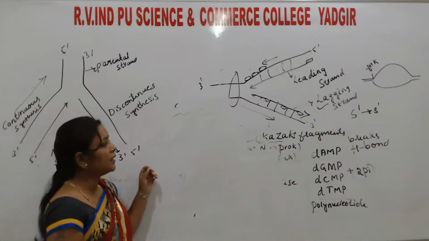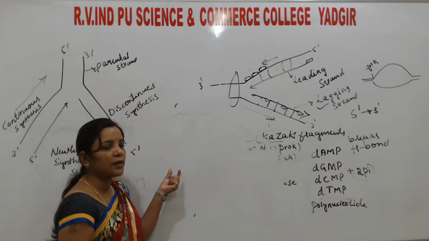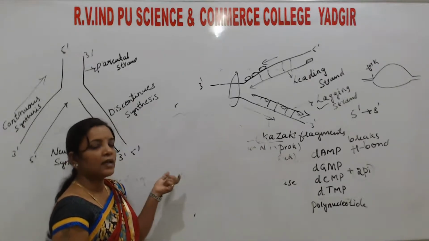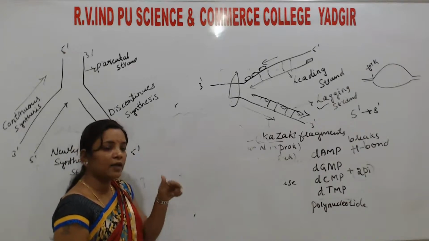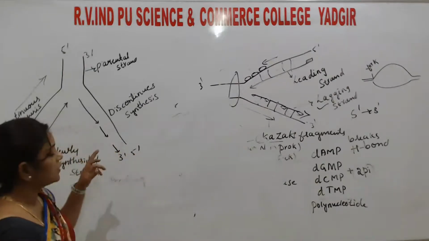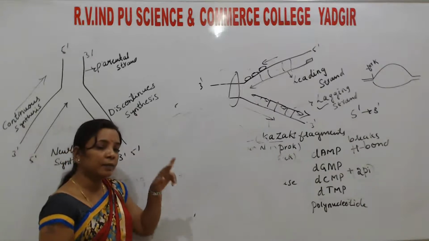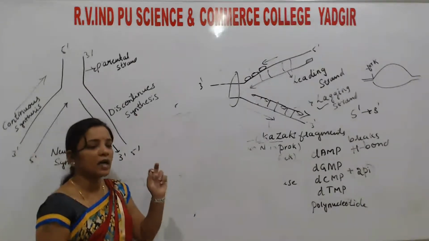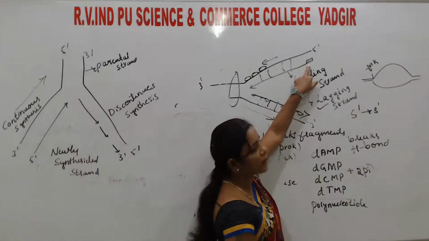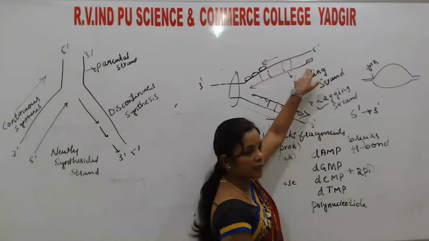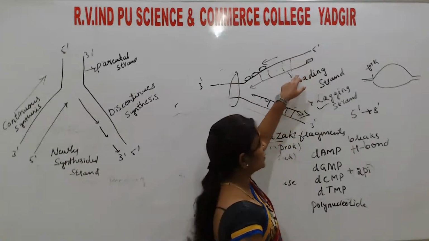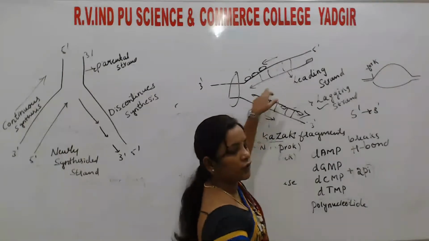What is the RNA primer? It is a small segment synthesized on DNA, a DNA-dependent RNA. Wherever new synthesis takes place, the RNA primer forms, and synthesis proceeds from 5 prime towards 3 prime.